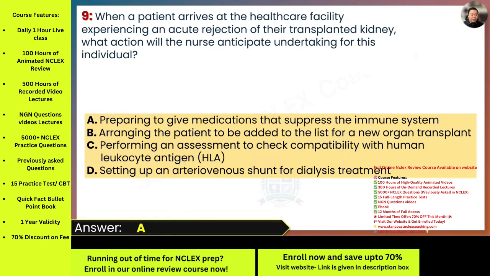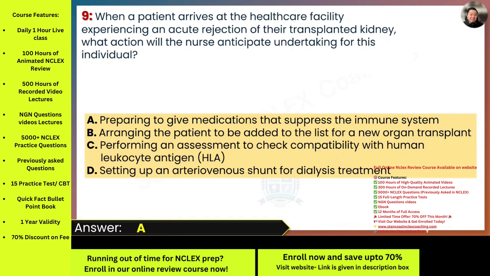All right. Now, what about letter B? Why is this incorrect? Arranging the patient to be added to the list for a new organ transplant. Well, this is incorrect because the acute rejection is typically reversible with prompt treatment. Now, the keywords here are prompt treatment.